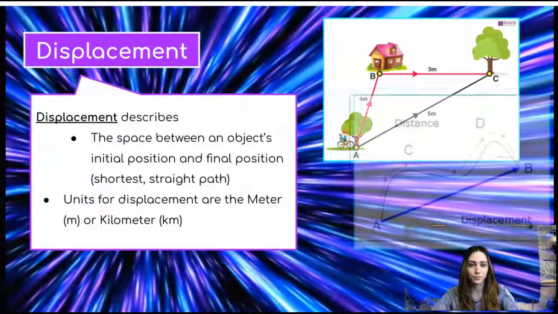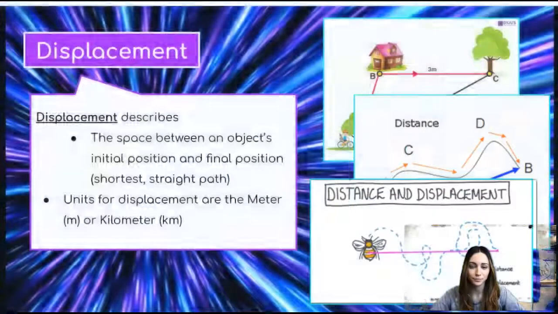However, if we were to want to know the biker's displacement over the course of that motion, it would not be 7 meters. Instead, it would be 5 meters, because we can see that the shortest straight line between his starting position at point A and his ending position at point C is that straight line of 5 meters.